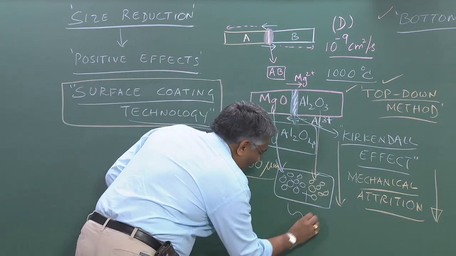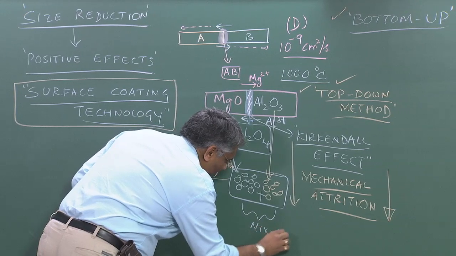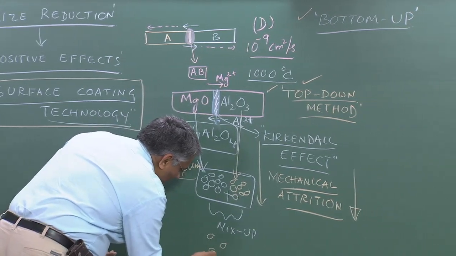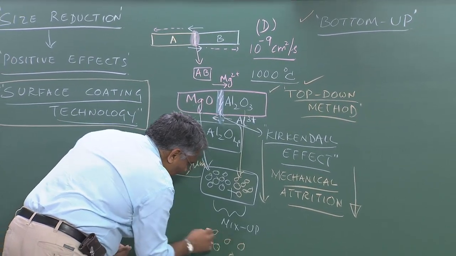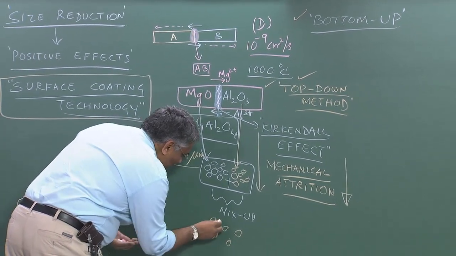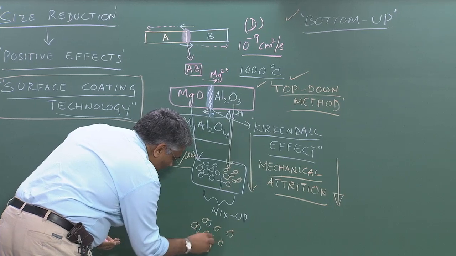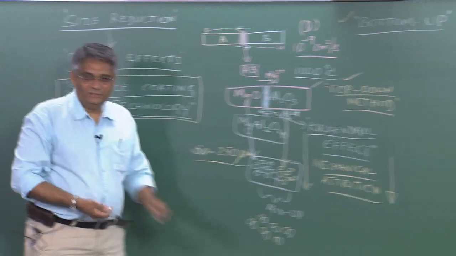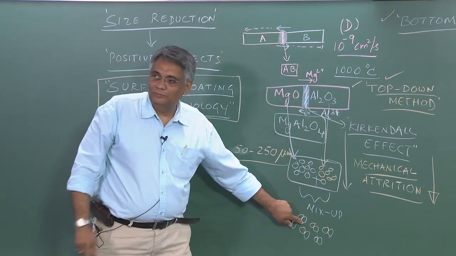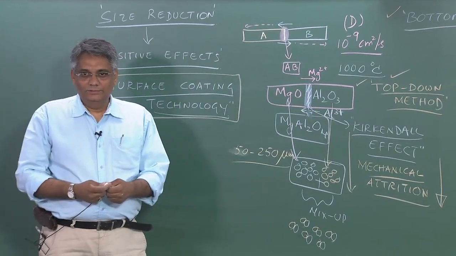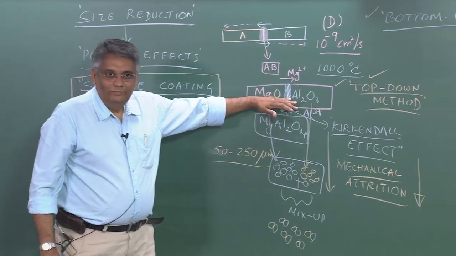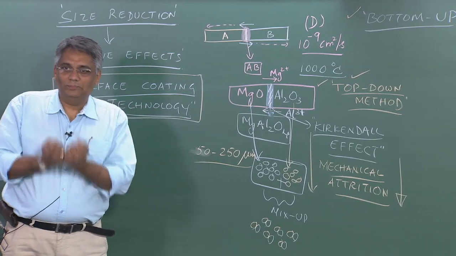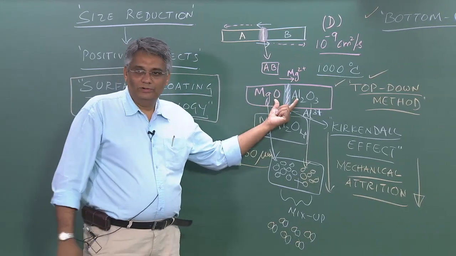Now, you mix it up. When you mix up, you can physically bring particles of magnesium oxide and aluminum oxide together. Now, we can perceive the same kind of reaction that's going to happen between two solid pieces of two different compounds.